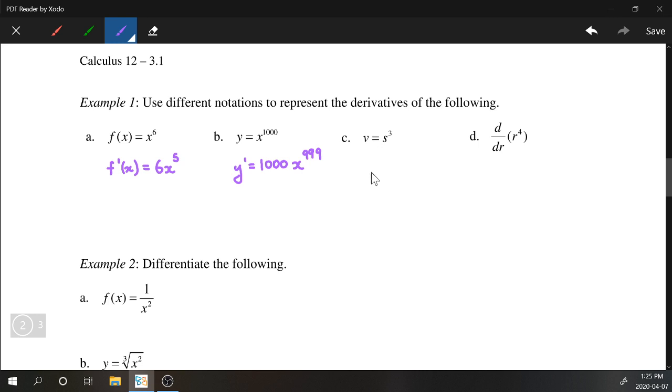Now we have v, which is an unusual one. We're going to use a different notation here. We're going to write this as dv/ds, which is equal to 3s squared. And finally, we are looking for the derivative in terms of r to the fourth power, and that will just be 4r cubed.